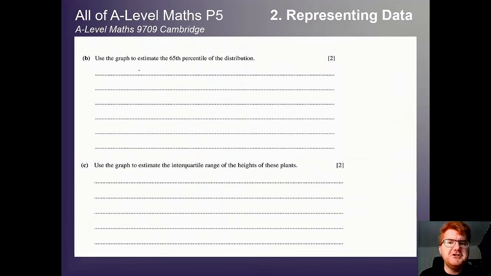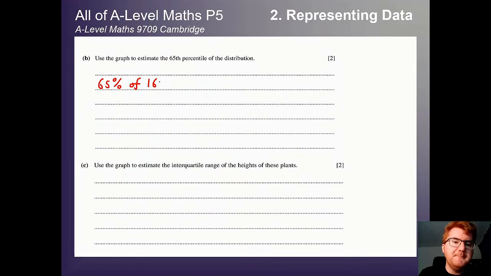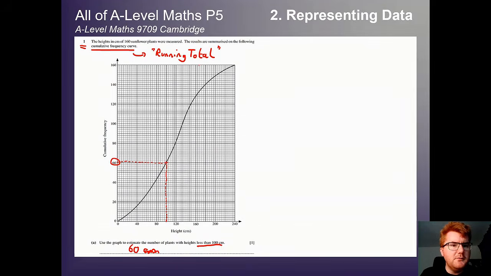So what the question is essentially asking here is we need to work out 65% of the total distribution here, which is 160 sunflower plants. So again, you can use a calculator nice and quickly here to work out 65%. So 0.65 times 160. That's going to be equal to 104. So we want to work out at 104 what the length of the sunflower plants will be.